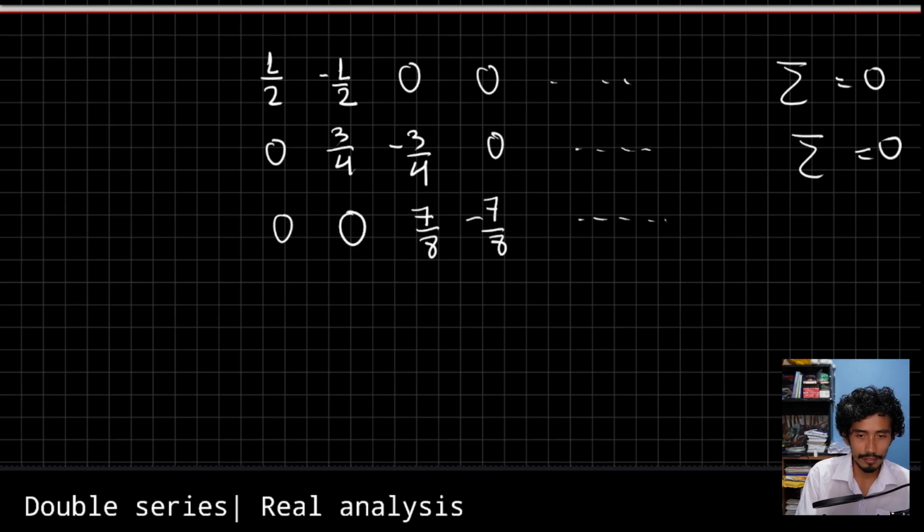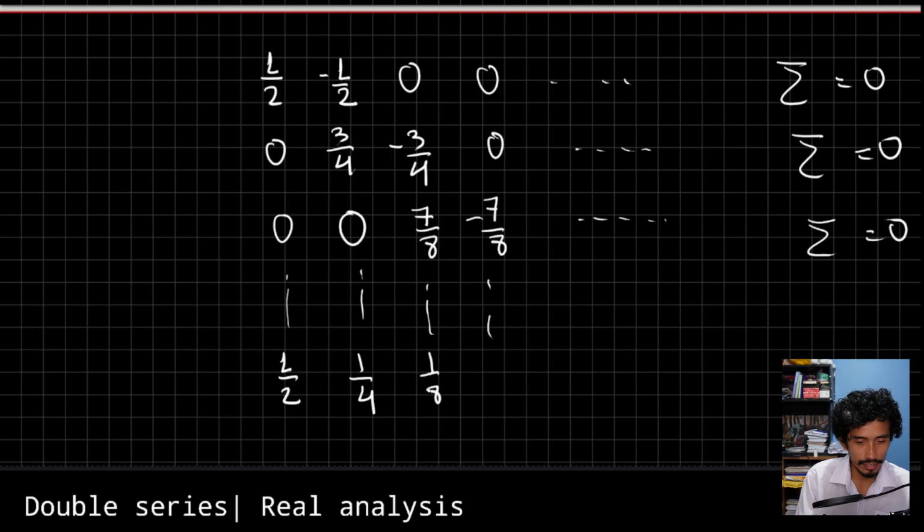And the value of the rows is always 0. What happens with the columns? Well, the summation here is a half, and the second case is a quarter, and the third case is 1/8, and so on. So for the following, we will give here 15/16, and the value will be a 16th.